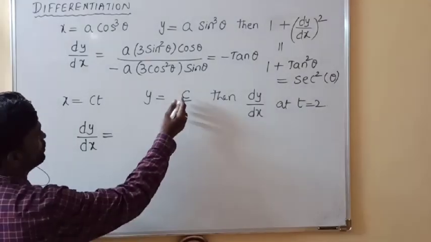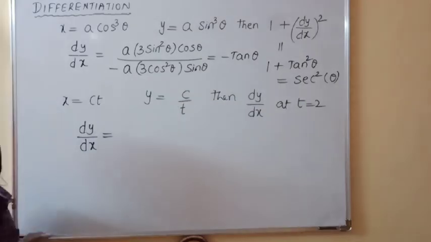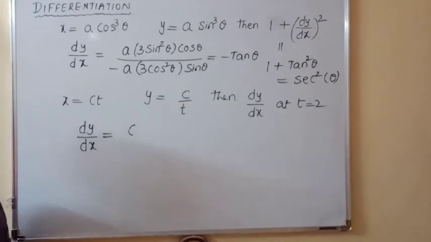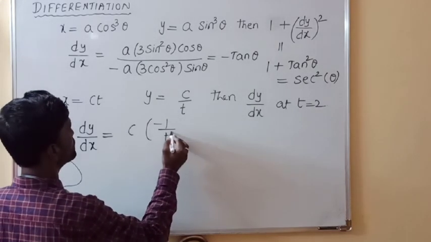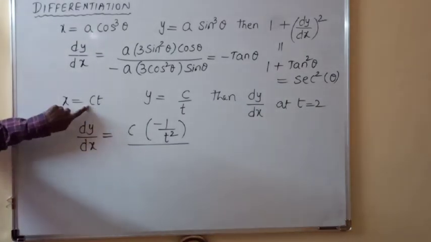Now derivative of y with respect to t. Here c by t, in which c is a constant, so that can be written as c into 1 by t. Now 1 by t derivative is minus 1 by t square. Divided by x derivative with respect to t.